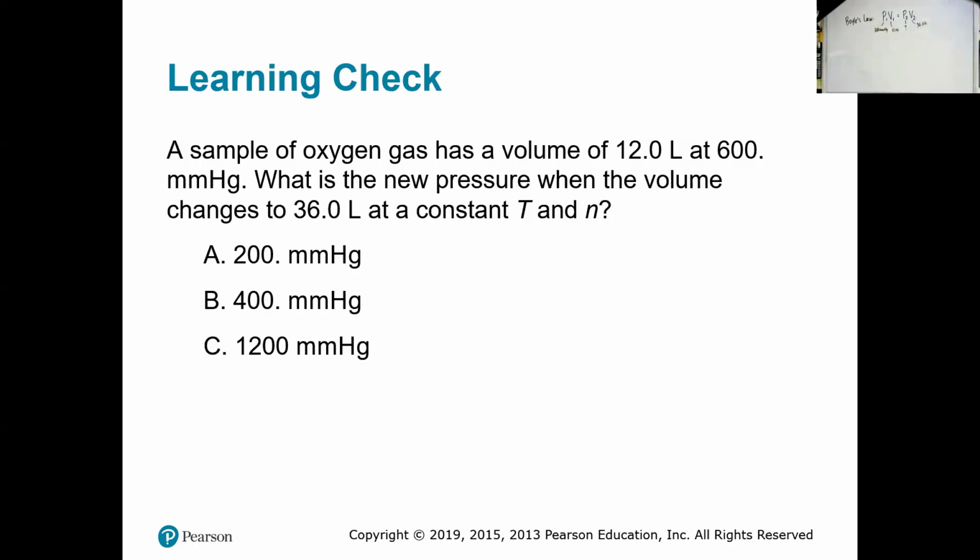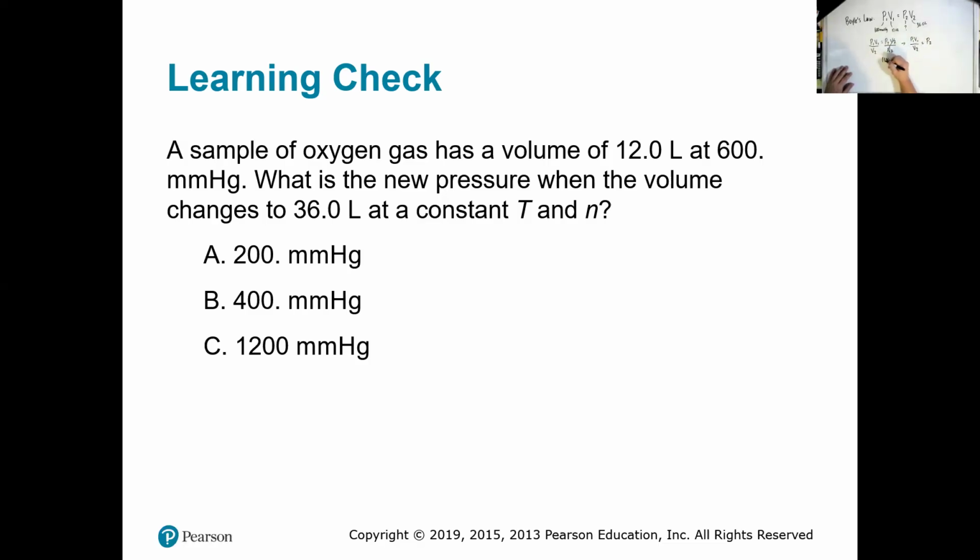All right, so now we can rearrange our equation to solve for our new pressure, just like we did before. But this time, our pressure is unknown, so we'll divide both sides by V2. Now our equation is P1 times V1 over V2 equals P2. Okay, and now we can plug in all of our pieces.